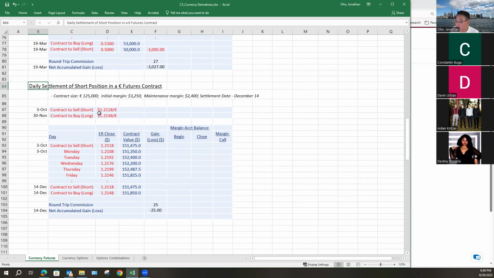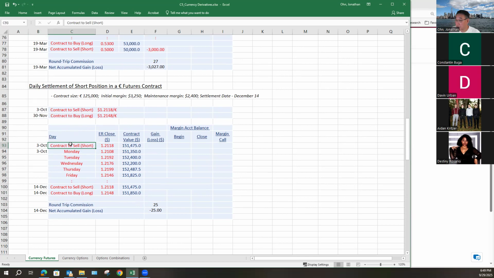And that way, at the settlement date, your position is cleared, right? Canceled out and closed out. So let's talk about the daily settlement on this short position and how it is finalized, okay?